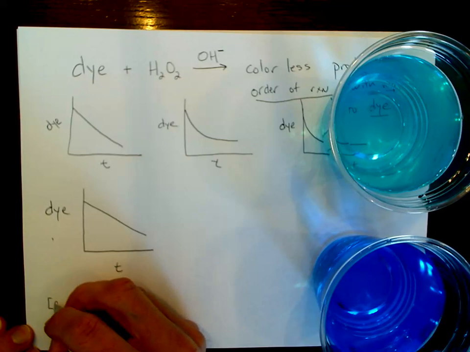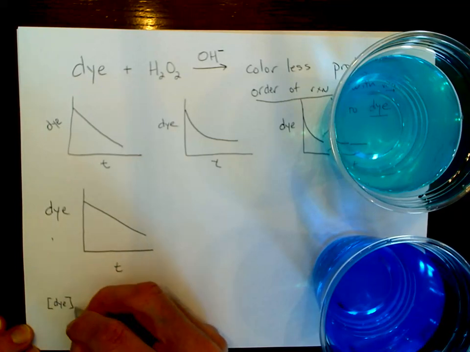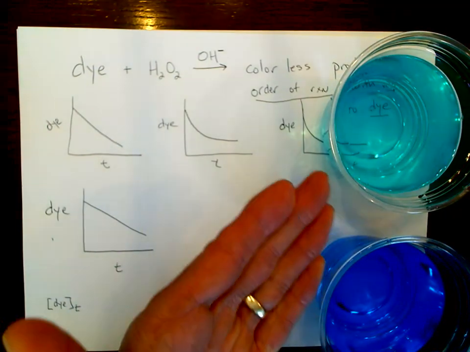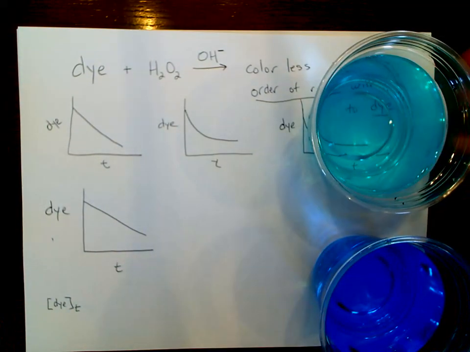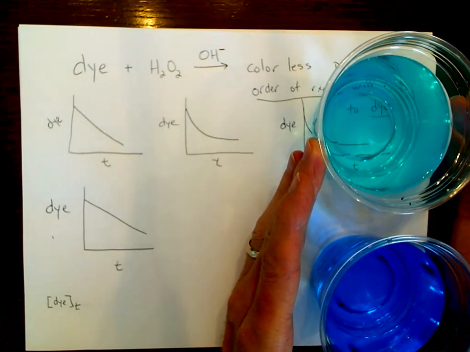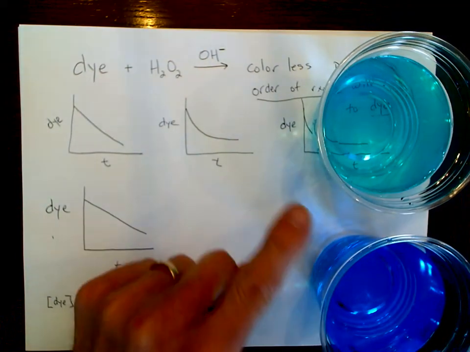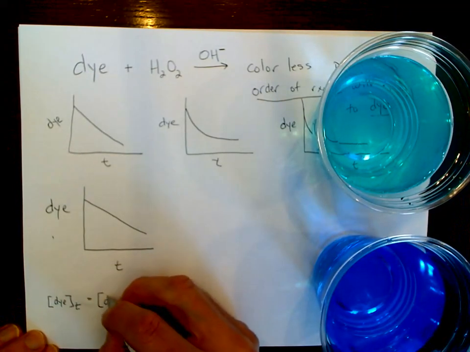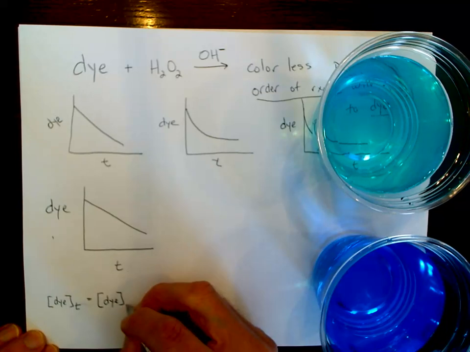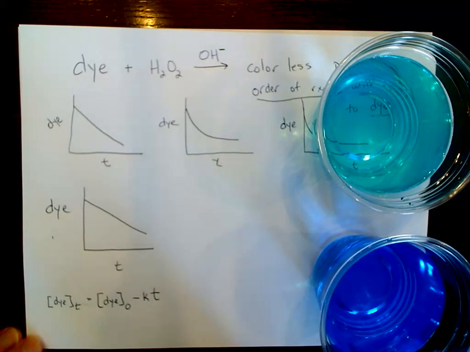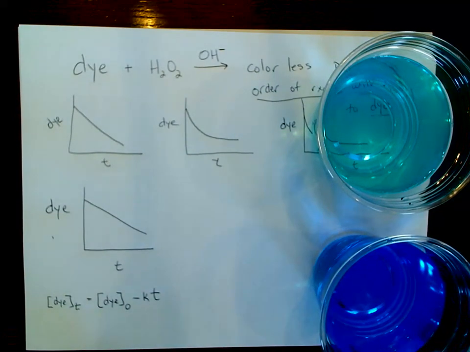The concentration of the dye at some time t later on in the experiment. In this case, we'd be looking at this, I don't know, maybe 2-3 minutes later. So it'd be at time 2 or 3 minutes. This concentration here is going to be the initial concentration, or what we started at, minus kt.